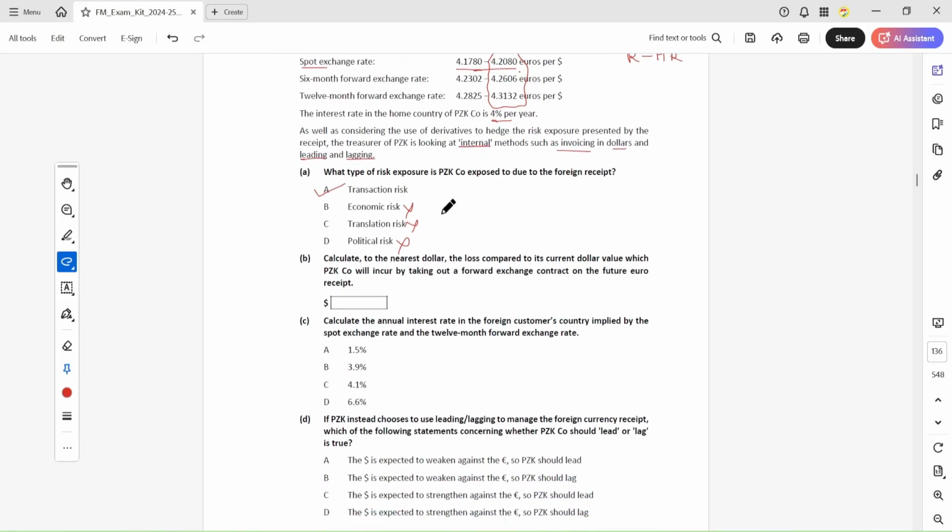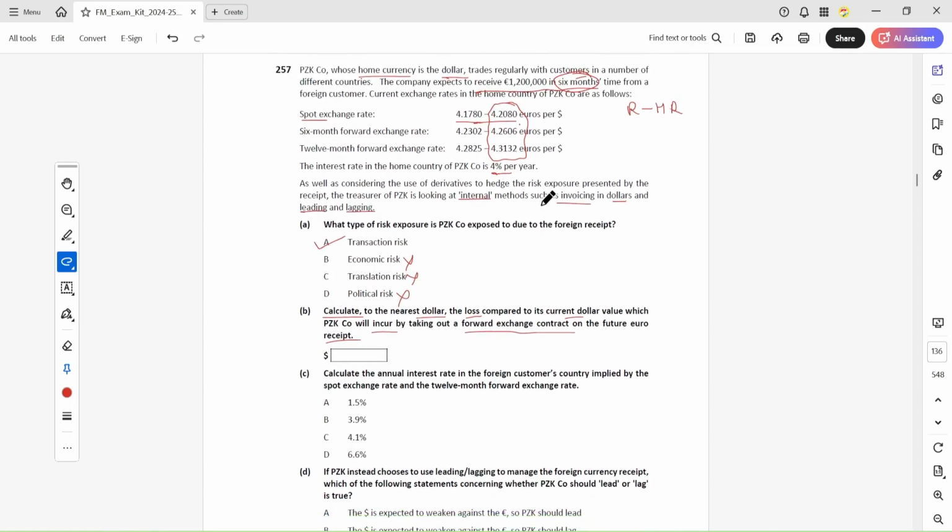Okay. The next is calculate the US dollar loss compared to the current dollar value, the gain or loss using a forward exchange contract on the receipt. Spot, how much do we receive?